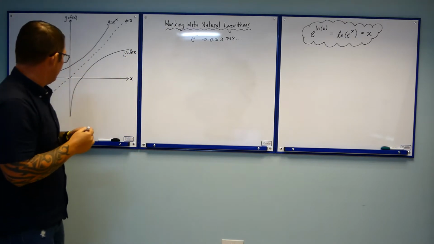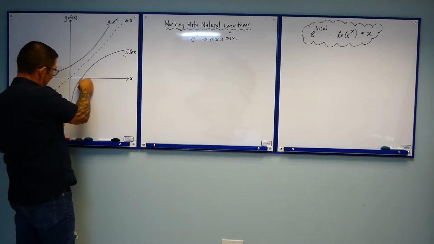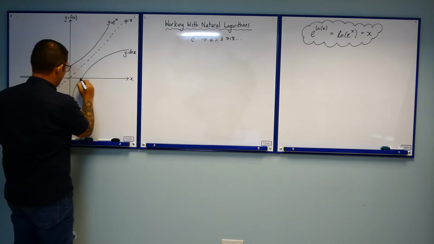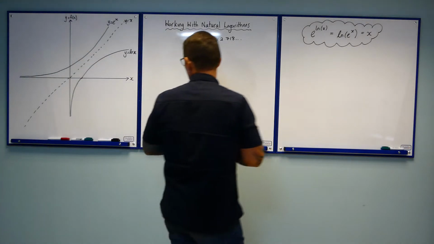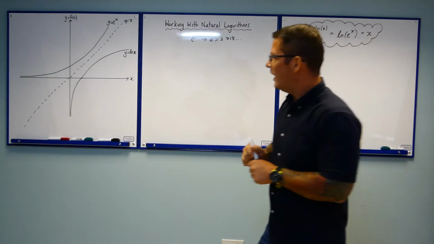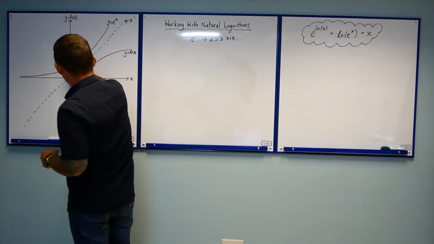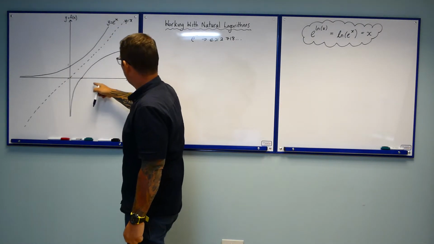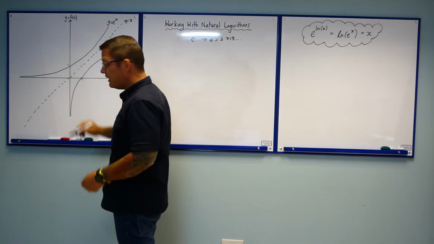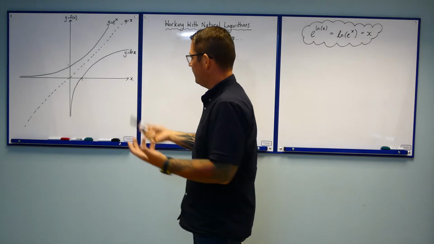So we've got our two graphs now that we can look at. It would be better if I could draw it all in one go, but they should be reflections of each other like that. e to the x goes through 0, 1, because e to the 0 equals 1. So that means ln x goes through 1, 0, because it's a reflection.